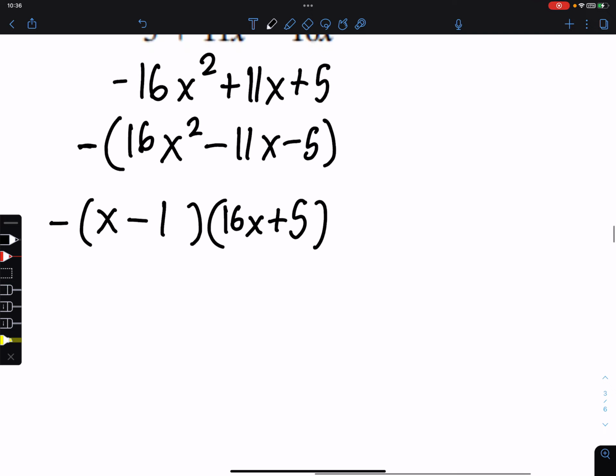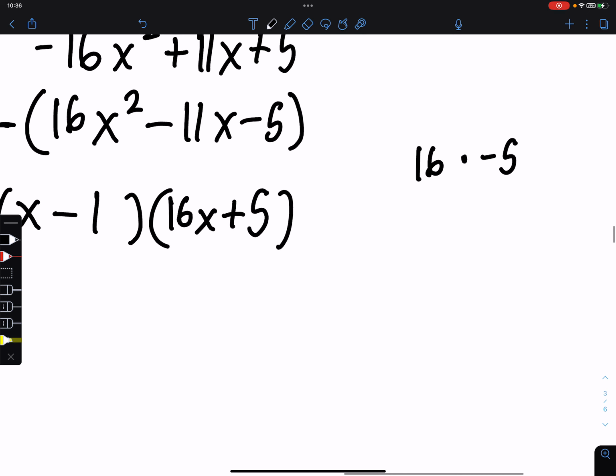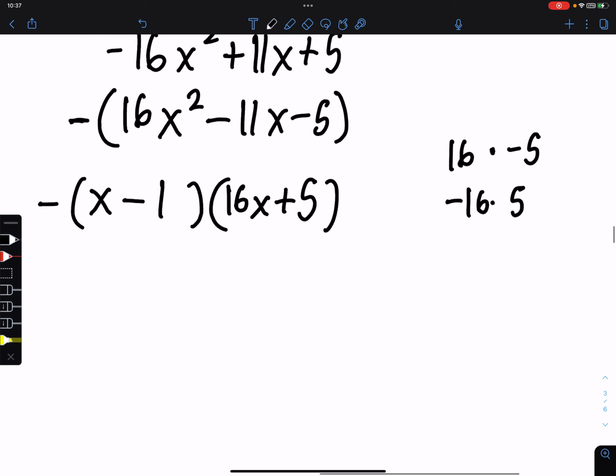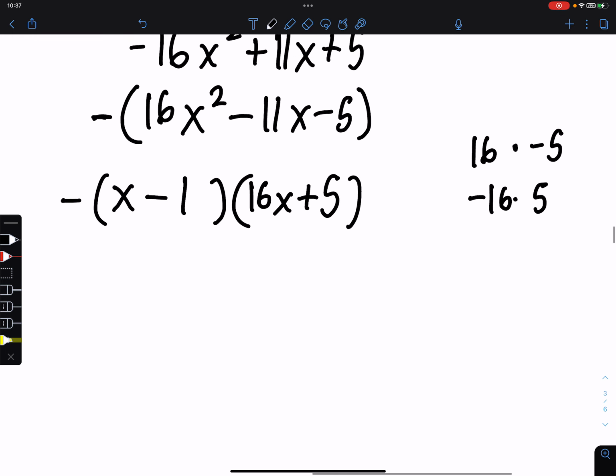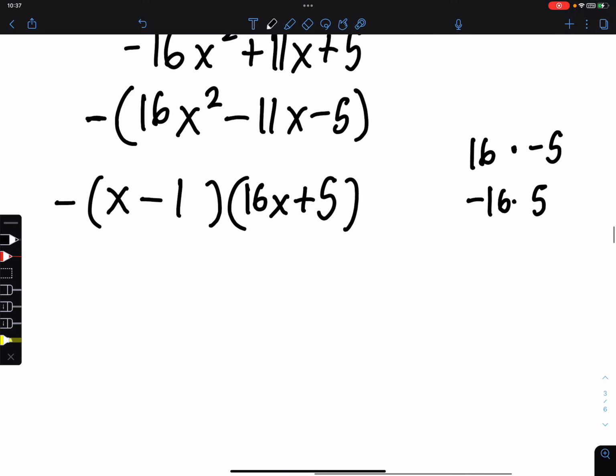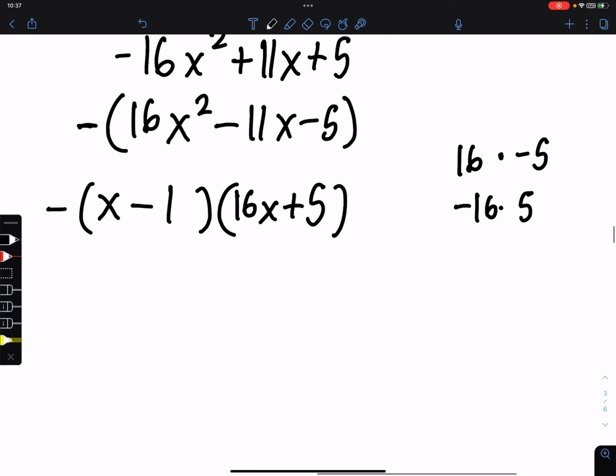Personally, I multiply this times this to get 16 times negative 5, and I think, how do I get negative 11? And what I do is, here in this problem, I gave the negative to the 16, so negative 16 times 5, and I knew that this times this had to give me negative 16, and this times this had to give me 5.